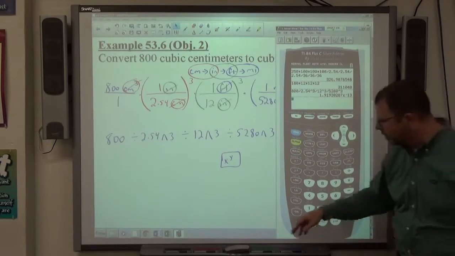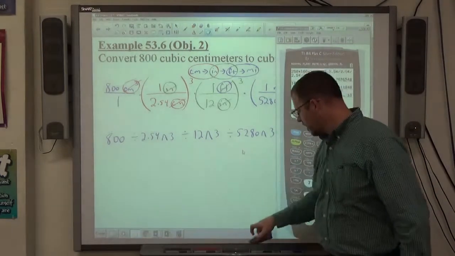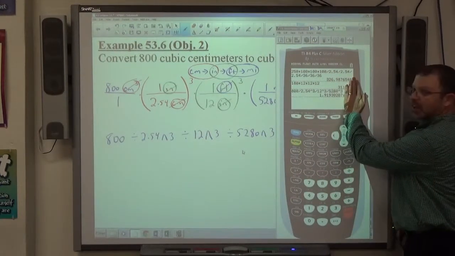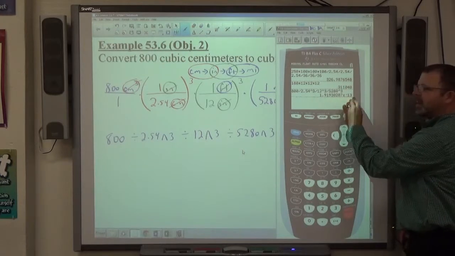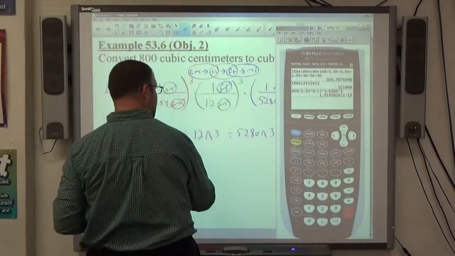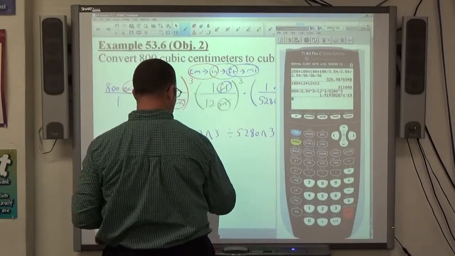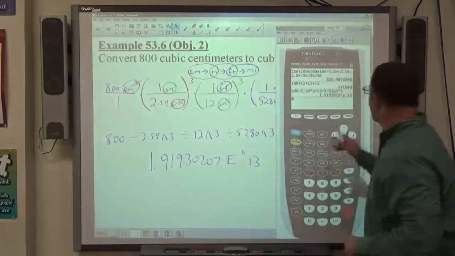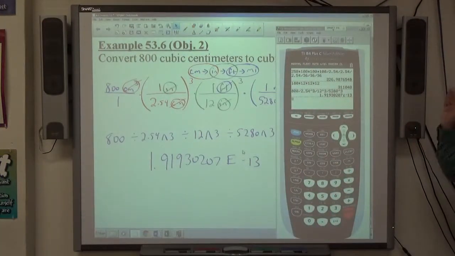Okay, now what happens, and this is what I wanted you to see, is this. It gives me this number here, which looks like a decimal, but then it says e negative 13. 1.9193027 e negative 13. Some calculators display scientific notation in that manner.